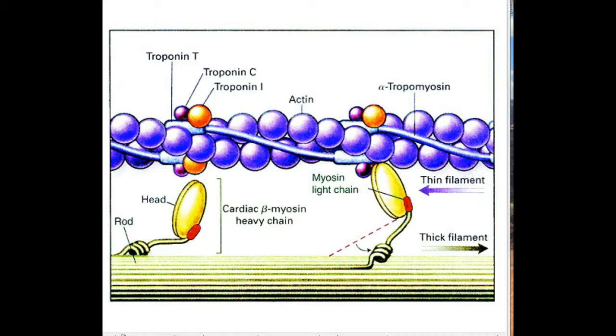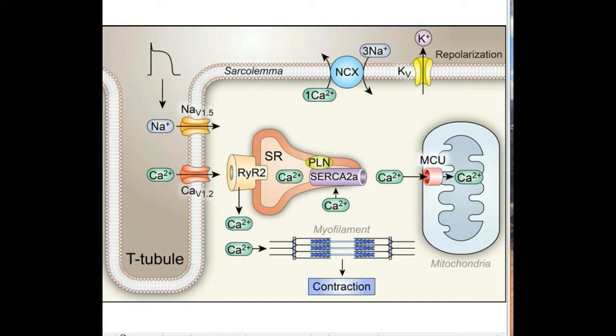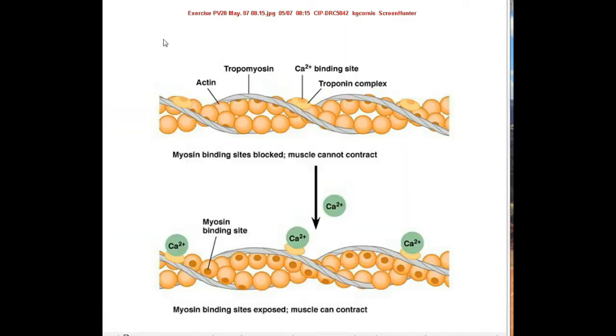As a result of the action potential, calcium enters the cell to trigger the release of calcium from the sarcoplasmic reticulum. The calcium then exposes more binding sites on the actin for the myosin heads, allowing for contraction to take place.